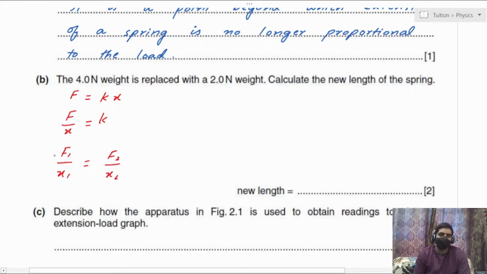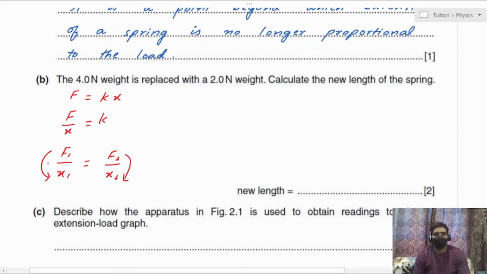F1 represents the load that you have added at that particular moment, and X1 represents the extension when that load was there. F2 represents the new load, and X2 represents the extension in consequence of that new load.